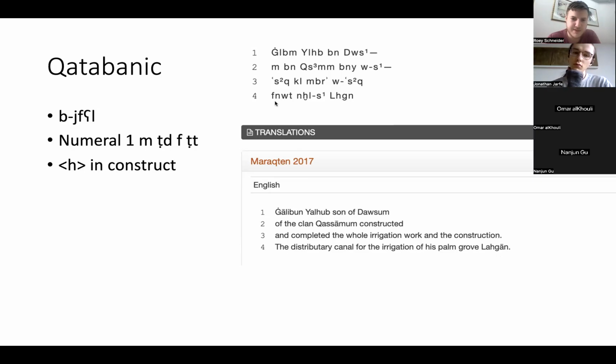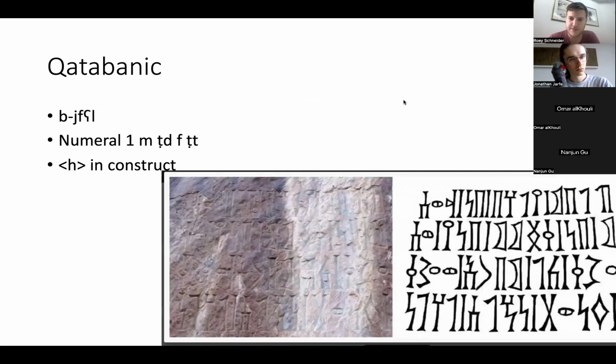So this means like the front one or something like that, probably like the facing one. And nakhal in Arabic means palm trees. So his palm trees, and lahagan, they think it's a name as well. And this is what this inscription looks like. This is the actual one, and this is a drawing of it.